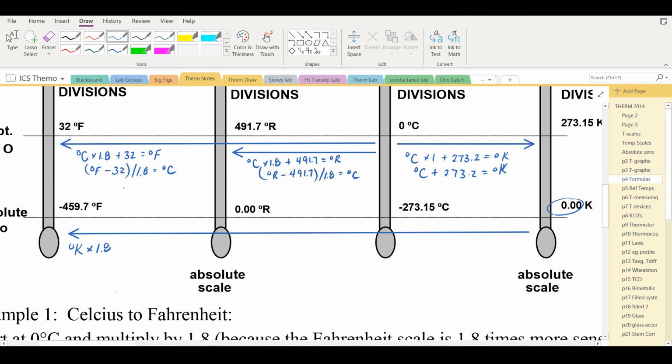How does 0 become minus 460? We'd have to subtract 459.7, which would be equal to degrees Fahrenheit. If you want the reverse conversion, rearrange the formula: degrees Fahrenheit plus 459.7, divided by 1.8, is degrees Kelvin.